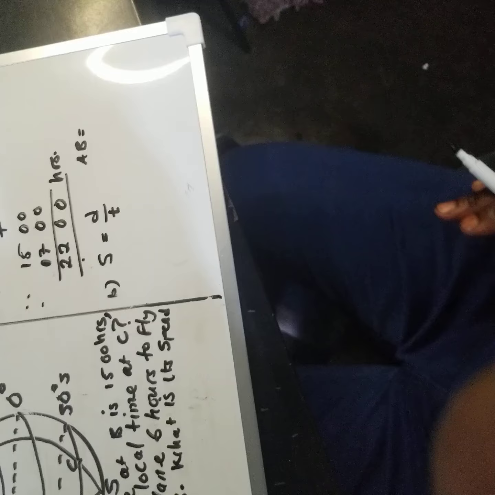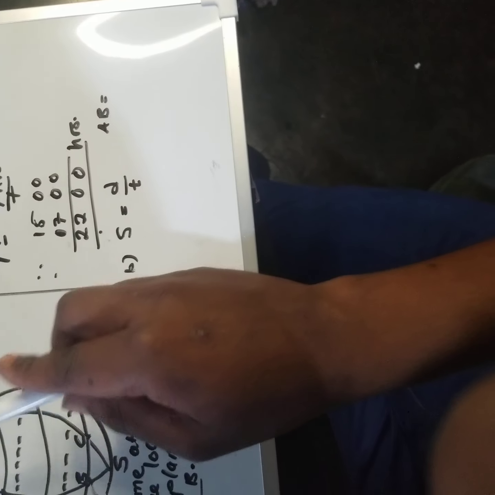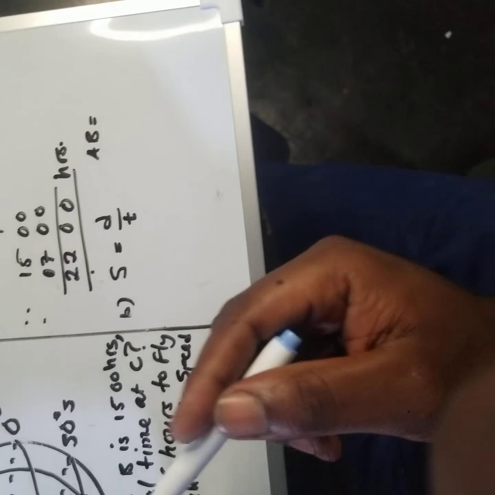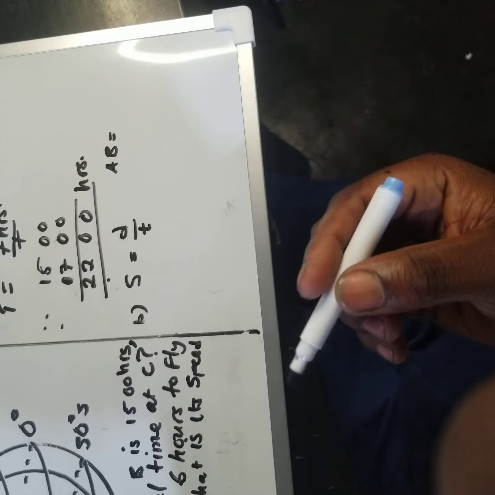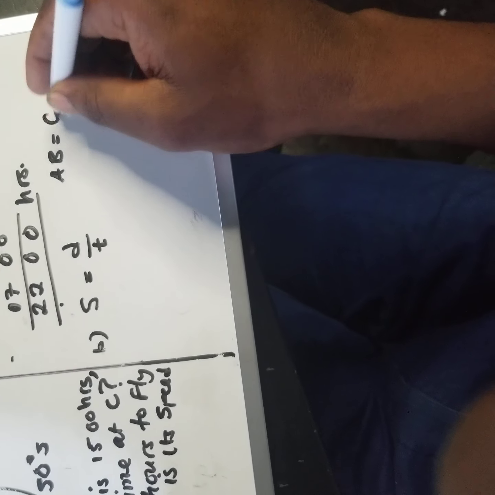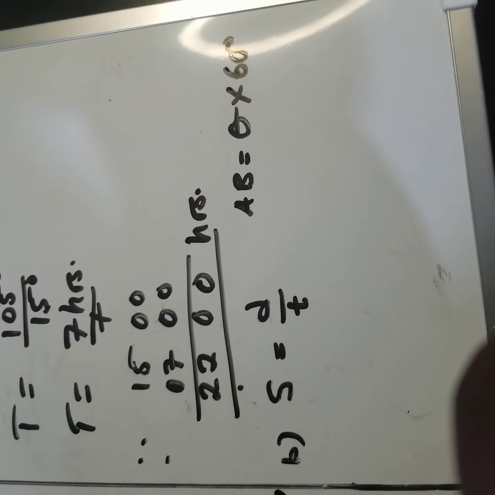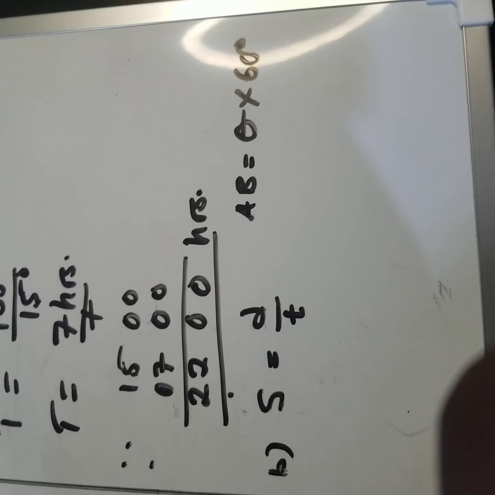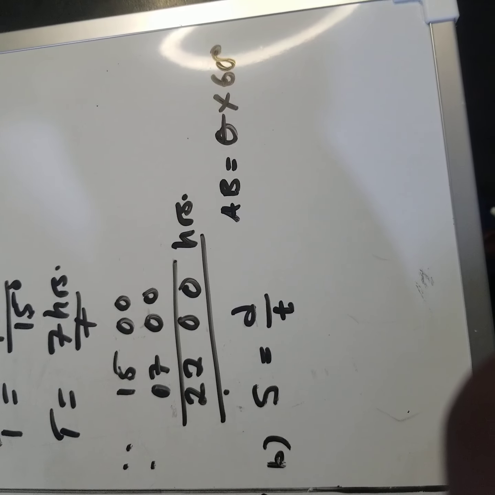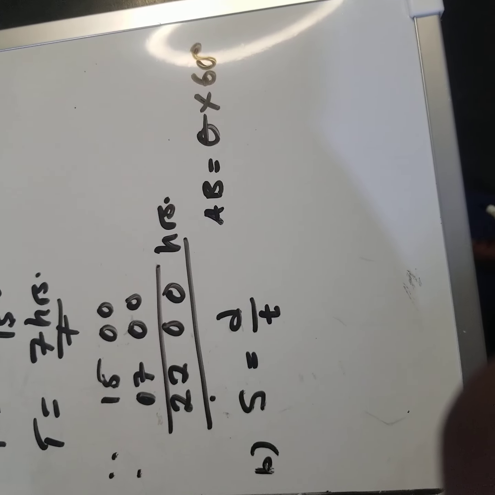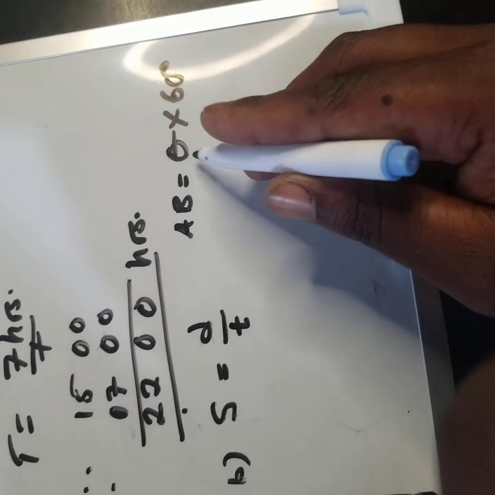Now, with this paper one, always put this in your head: use the simplest formula. You say theta times 60 degrees. This formula is only applicable when you are dealing with nautical miles.